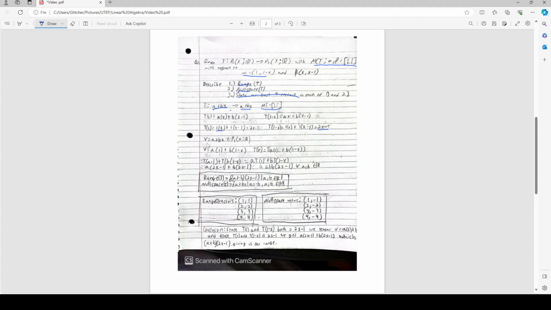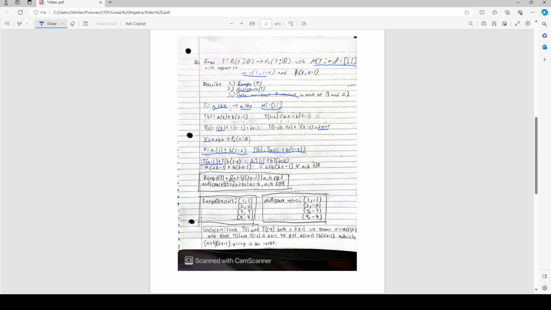So because of that, we know for all the v's, we can say v equals a times 1 plus b times (1 minus x). And this gives us the transformation of v equal to the transformation of a times 1 plus b times (1 minus x). So here's our work, right? We take out the a and the b, and we know the transformation of 1 and the transformation of 1 minus x.